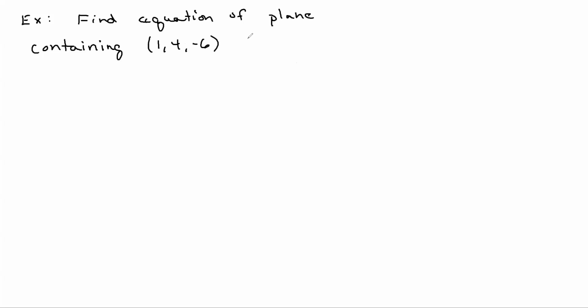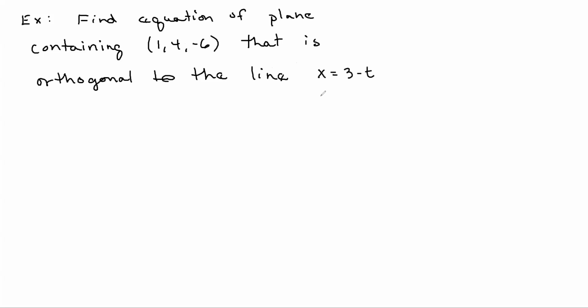Let's say we're asked to go through and find the equation of the plane containing (1, 4, -6) that is orthogonal to the line x equals 3 minus t, y equals -1 plus 2t, z equals 2 minus 3t.